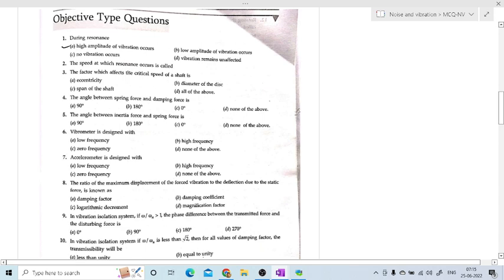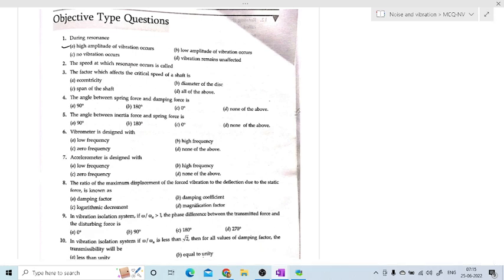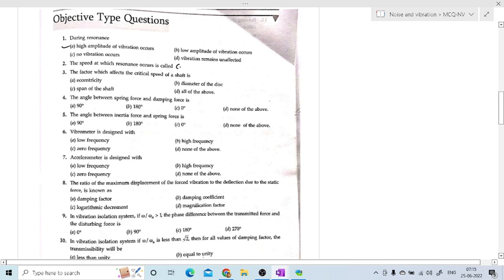Okay. The next question. The speed at which resonance occurs is called critical speed. Means we'll have to achieve such speed that there will be resonance. Means we'll have to reach the natural frequency of the system.